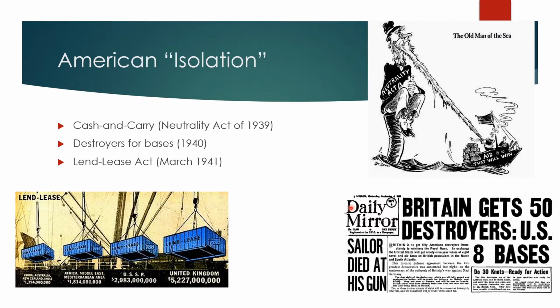FDR used an expression: if your neighbor's house is on fire, you're not going to charge him to let him use your water hose to help put it out. You're going to give him the water hose, let him put it out, and if the hose breaks while he's putting out the fire, he'll pay you back eventually.